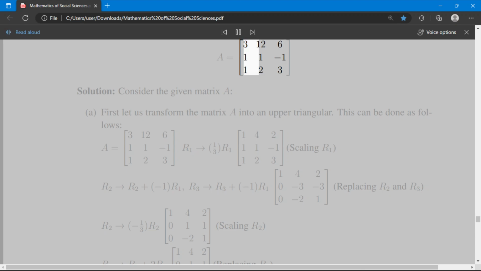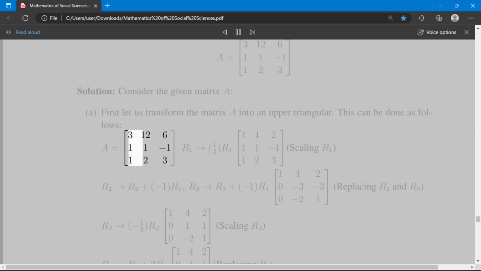A equals 3 12 6 1 1 1 1 2 3. Solution. Consider the given matrix A. First let us transform the matrix A into an upper triangular. This can be done as follows.